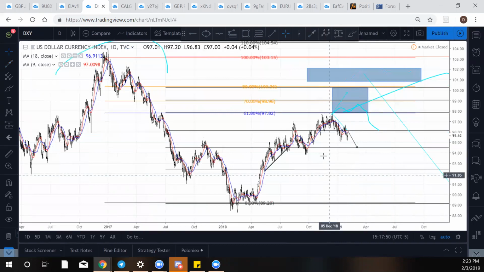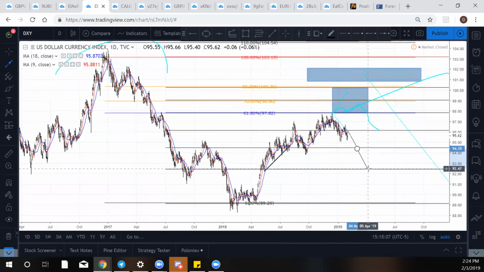Say that does happen, and if we do break this structure right here at 94.52 through 94.46, there's no doubt that we could potentially come down here and bounce off of that bottom, and maybe even see a lower low to about 89.